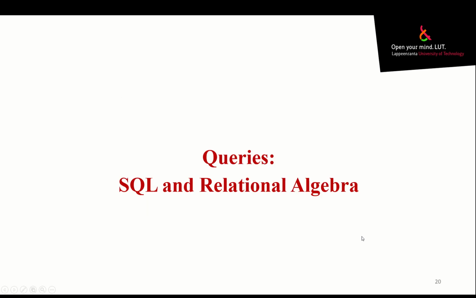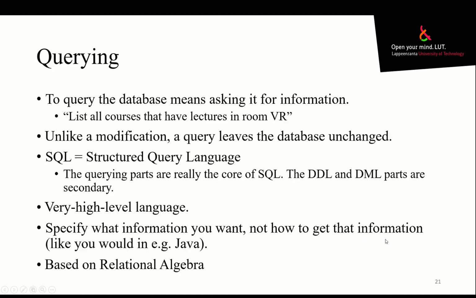And now we will talk about queries. How do we query a database in SQL? The query aspect is more about asking for certain information and defining certain conditions to get that information. We spoke about data definition language and data manipulation language, which are secondary aspects of the structured query language known as SQL.